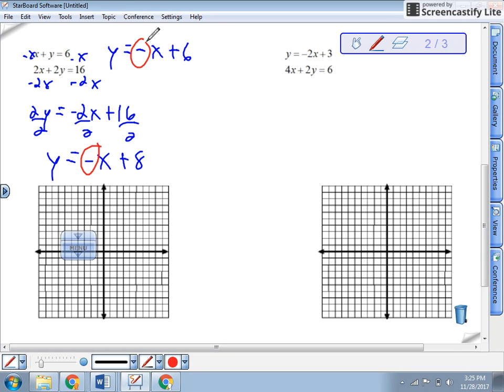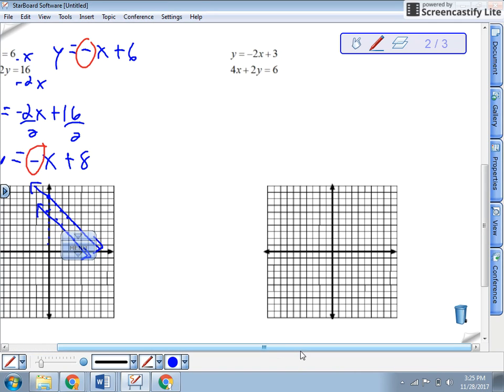I know these lines are going to be parallel, so it's going to be no solution. But if you want me to graph that real quick, you go up to 8. 1, 2, 3, 4, 5, 6, 7, 8. Then -1, down 1, over 1. There's my line. And then I would do the same thing for plus 6, down 1 over 1. And you can see that these graphs would never intersect, so that would be a no solution.